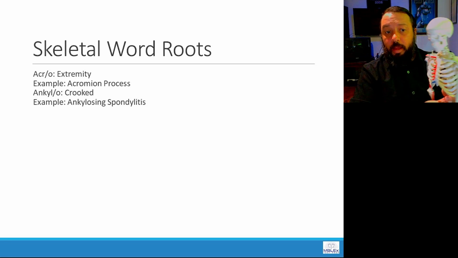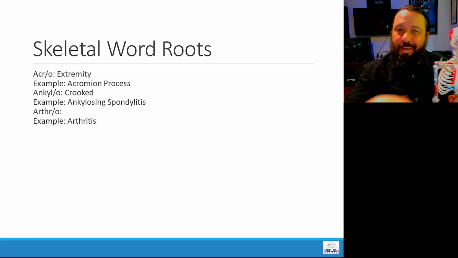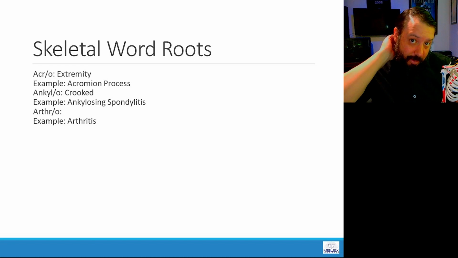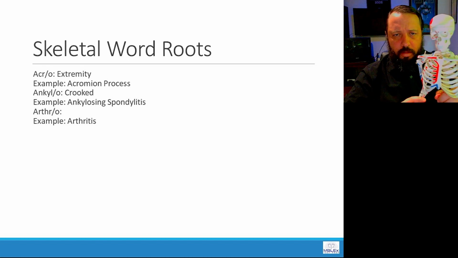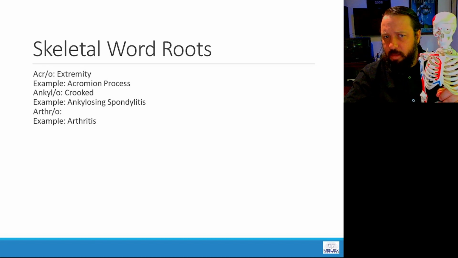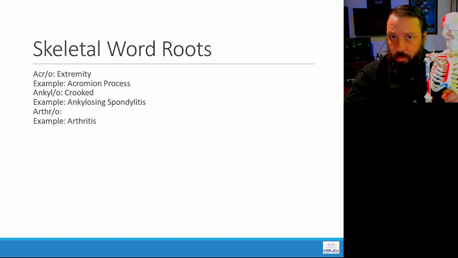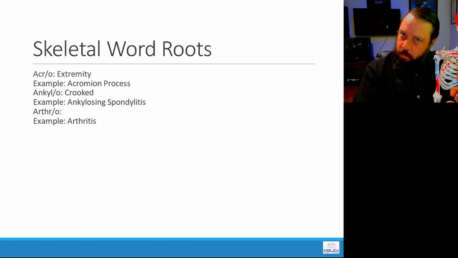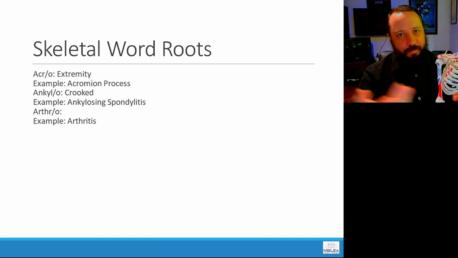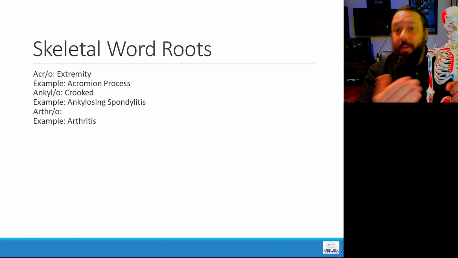Okay, next up, arthro, like arthritis. Okay. Rheumatoid arthritis, arthroscopy. Arthroscopy is a type of procedure performed where a camera is inserted into a joint. Arthritis is inflammation of a joint.